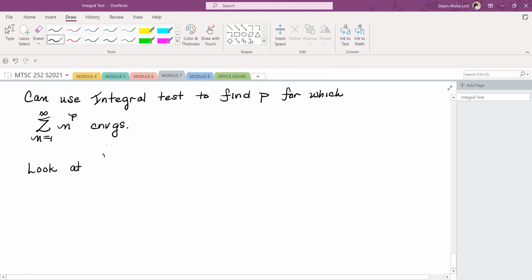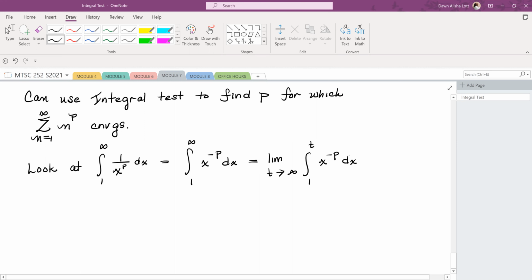The integral from 1 to infinity of 1 over x to the p dx. Okay, so this is the integral from 1 to infinity of x to the negative p dx. So that is now the limit as t approaches infinity of the integral from 1 to t of x to the negative p dx.